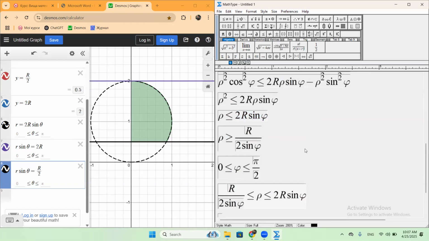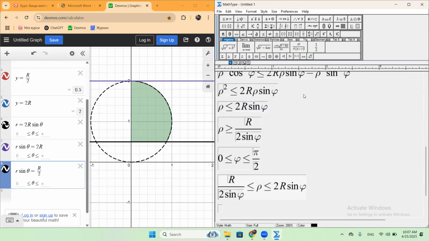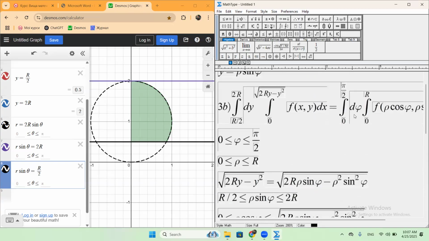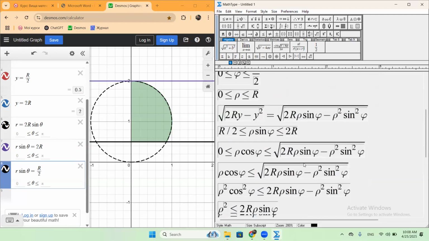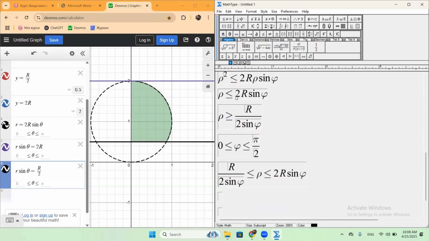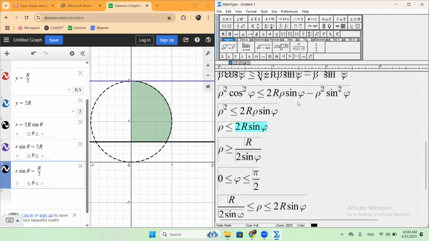So done. And now let's substitute these limits of integration into the integral in polar coordinates. So phi didn't change. And what about rho? It changes from r over 2 sine of phi to r sine of phi.